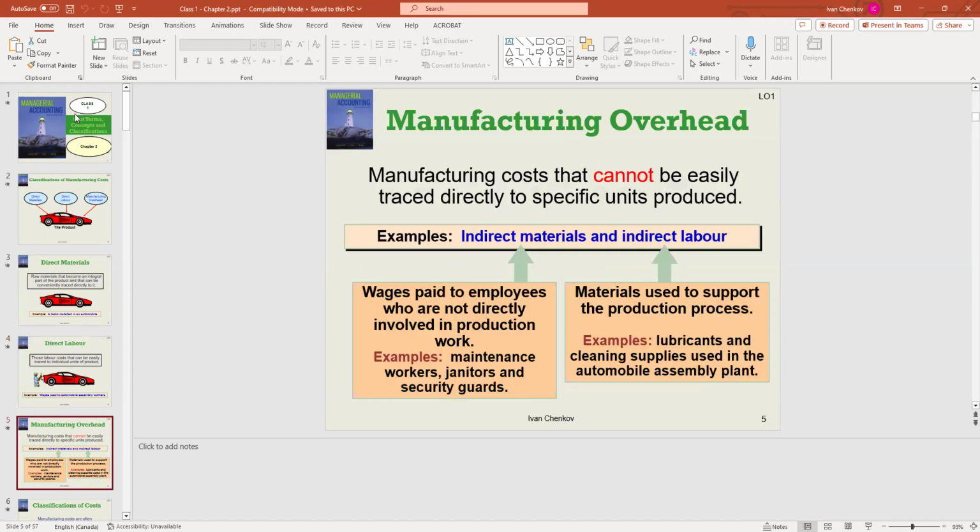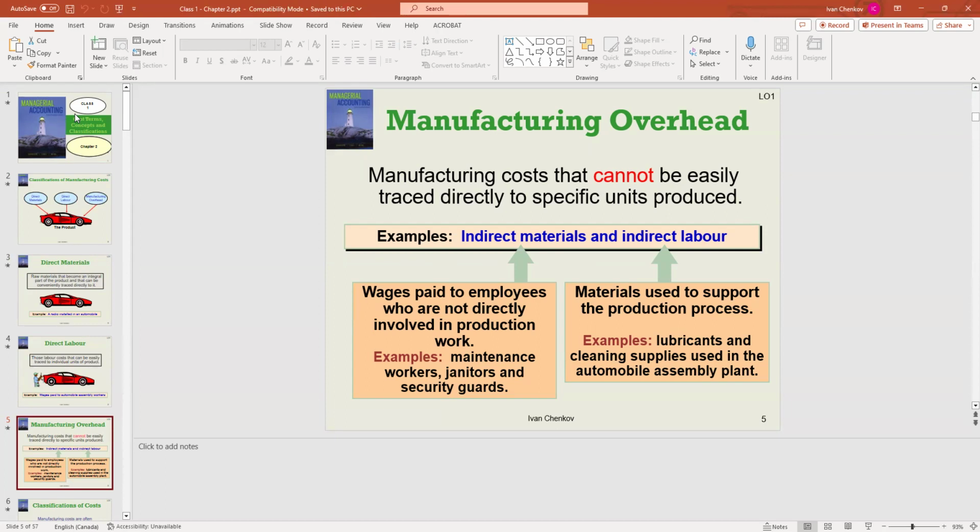The last thing left is manufacturing overhead. The tricky part with manufacturing overhead, compared to direct material and direct labor, is this: direct material and direct labor can easily and directly be traced to the product, while manufacturing overhead cannot be easily traced directly to the product.